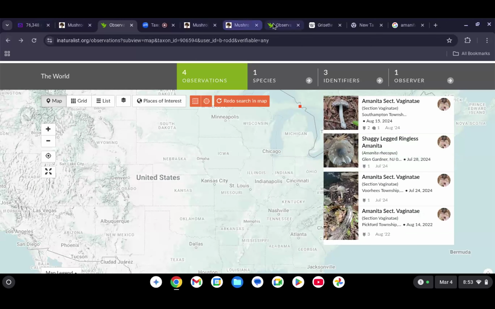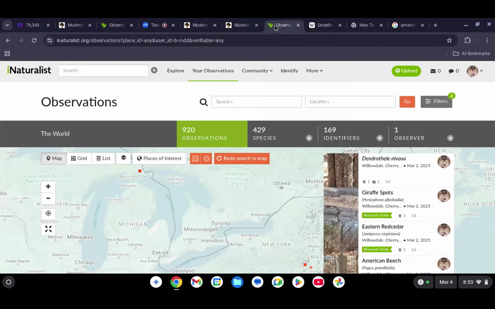All right. Now, can someone tell me what a series is versus a section? It's a more narrow taxonomic unit. Okay, so it's smaller than section, but larger than stirps.